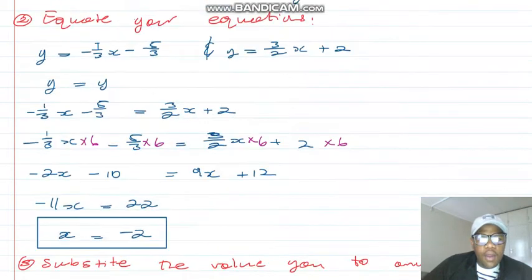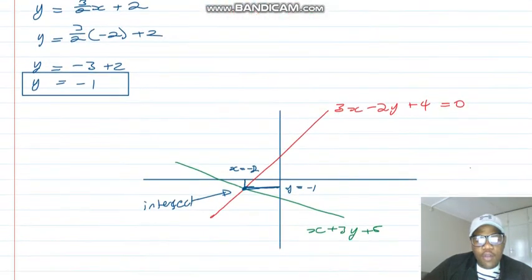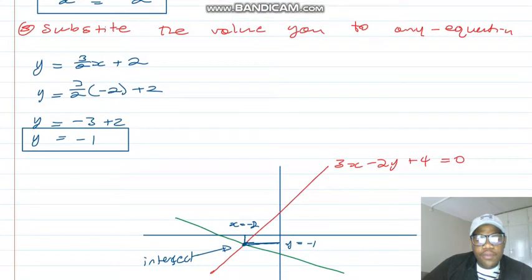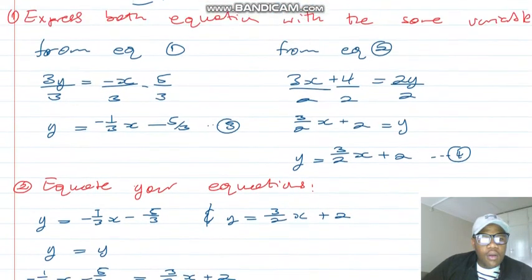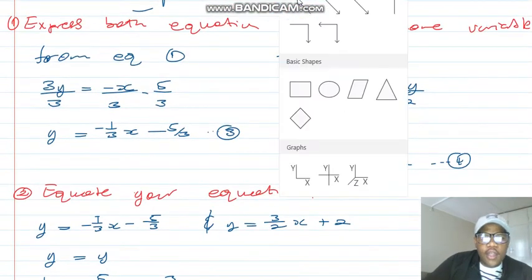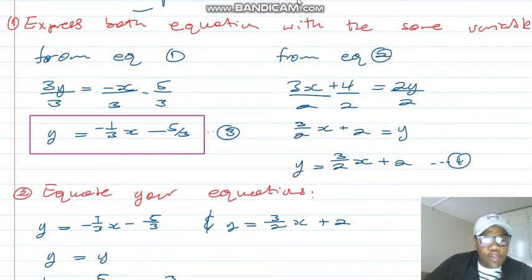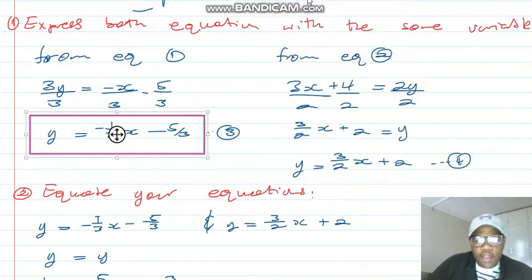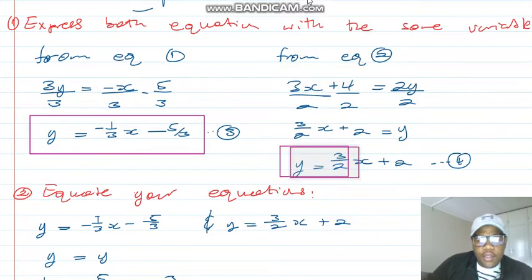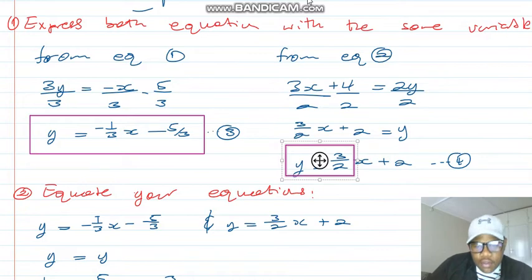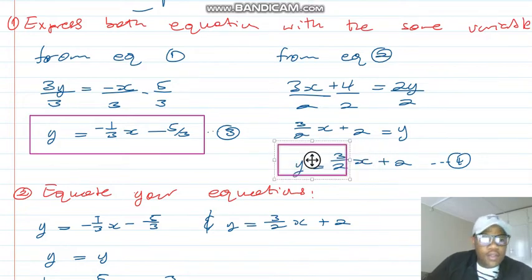I'm showing you this in this method because of this. If you look closely here, these are basically two functions. Y is equal to something, and another function. Let me just get rid of that and do another one.